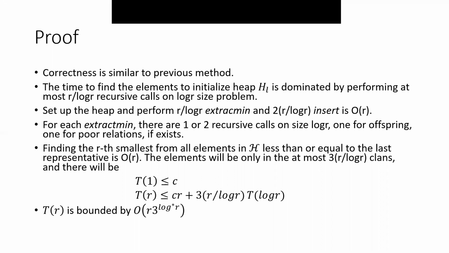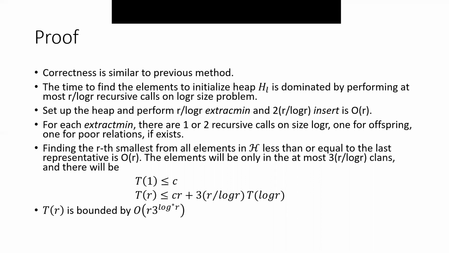So finding the Rth smallest from all elements in H less than or equal to the last representative is big O of R. The elements will be only in at most 3 times R over log R clans. And so this is the time complexity.